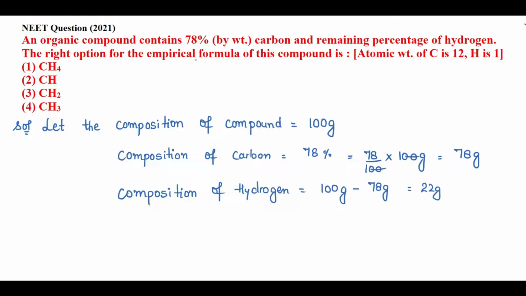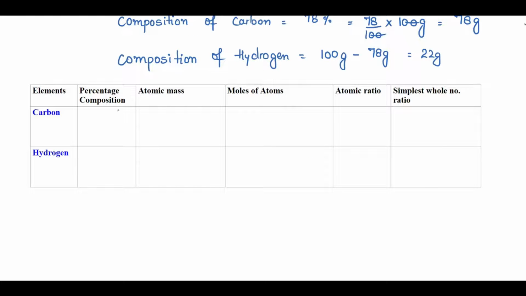Now to find the empirical formula, we will draw a table. I know that in this compound we are having two elements. The first one is carbon and the second one is hydrogen. First of all, we will mention the percentage composition over here, that is 78 gram in case of carbon and 22 gram in case of hydrogen.